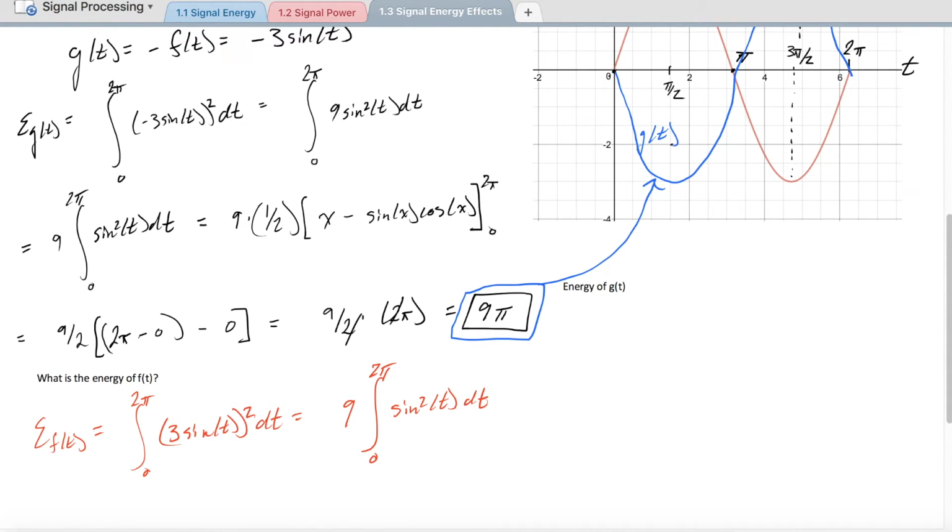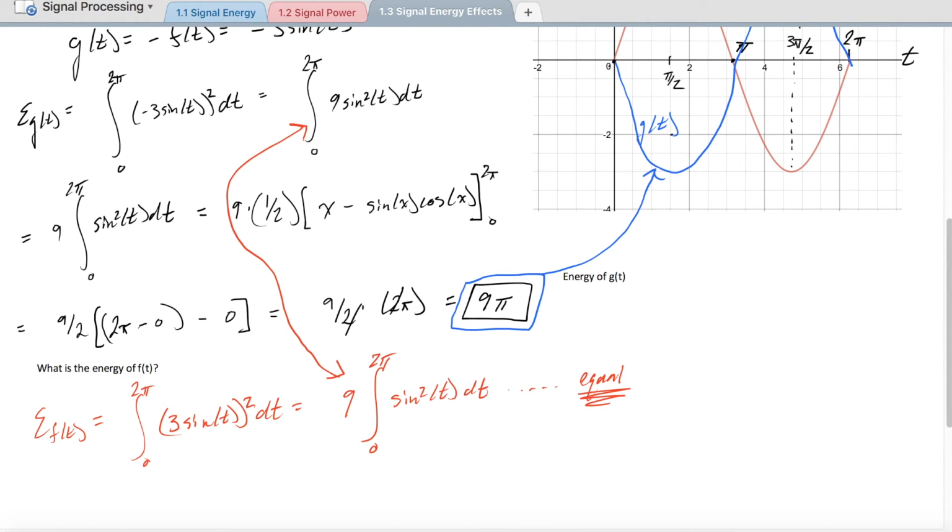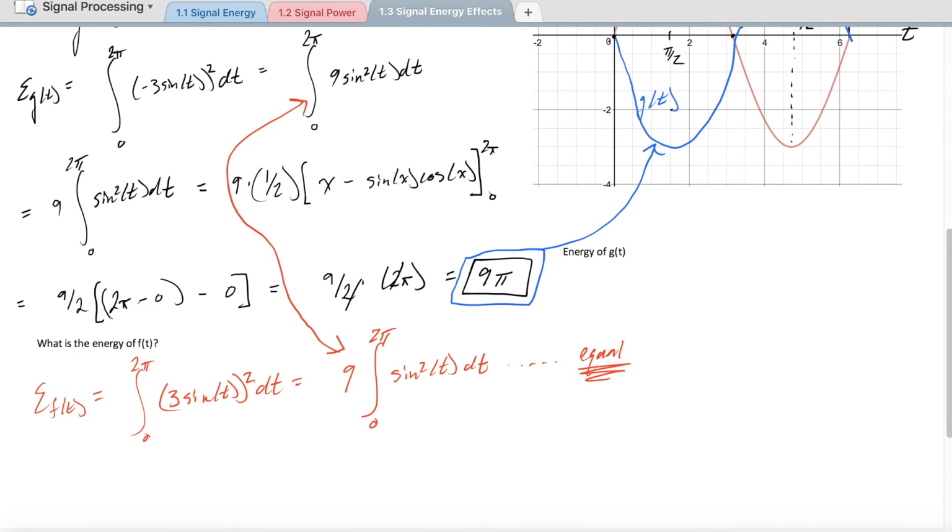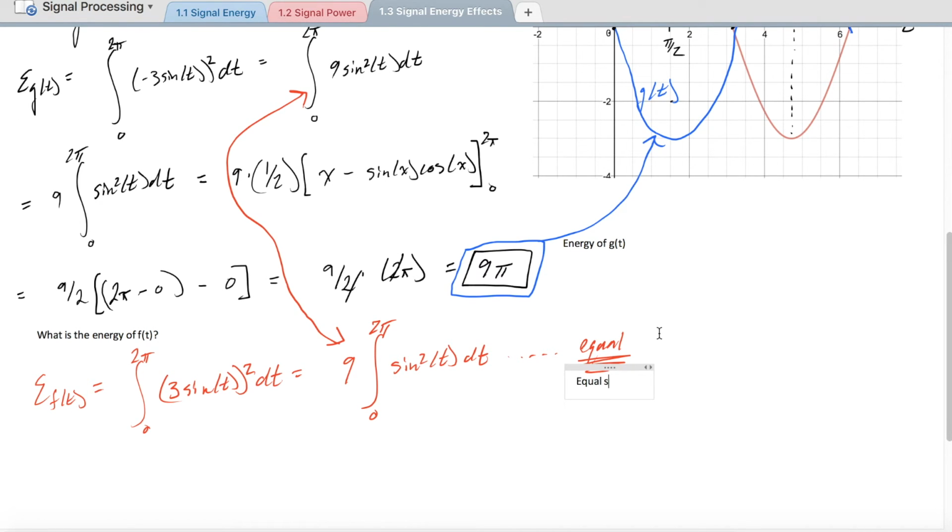And you'll see that this is the exact same integral that we used to evaluate the energy of g of t, because of the squared functionality within the energy equation. No matter what the amplitude is, it's going to be the amplitude of the signal squared. So if we have negative 3 squared or 3 squared, it's both going to be 9, positive 9. So now you can see, no matter if we have a sign change or not, the energy of the function is going to remain the same.